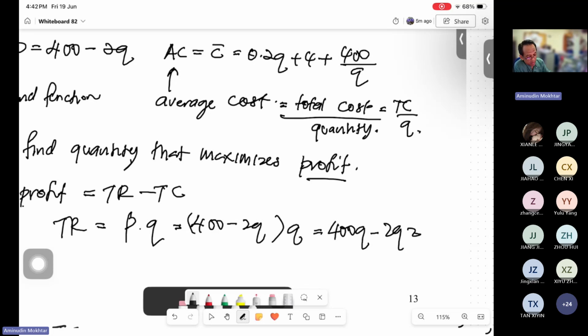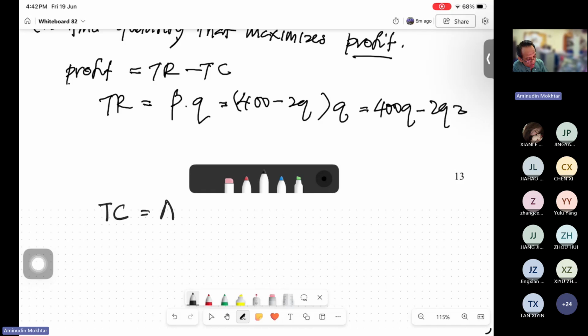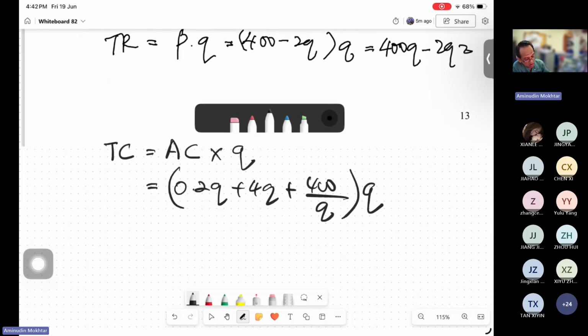So the average cost, AC equal to TC divided by Q, so TC equal to AC times Q. AC is 0.2Q plus 4 plus 400 over Q, times Q. So TC equal to 0.2Q squared plus 4Q plus 400.